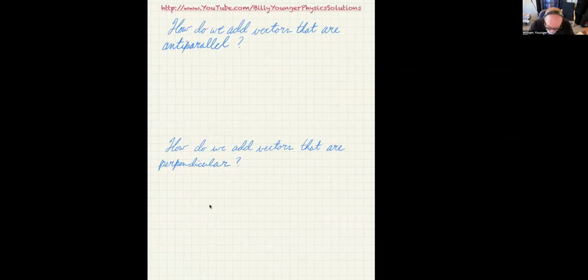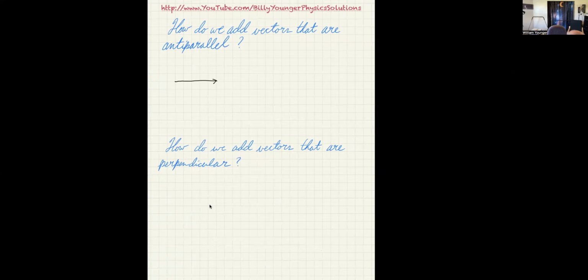How do we add vectors that are anti-parallel? Anti-parallel means in the opposite direction. So again, we're going to use the idea of a walking trip, a displacement, to tell us what addition of vectors is. So let's imagine, for instance, that we walk a distance of 5 units to the right.